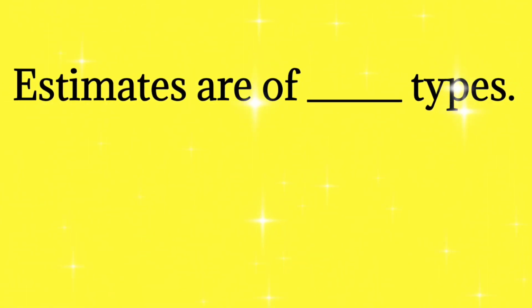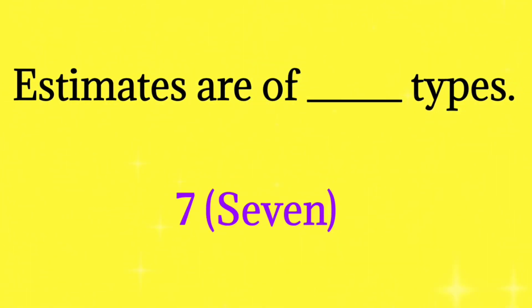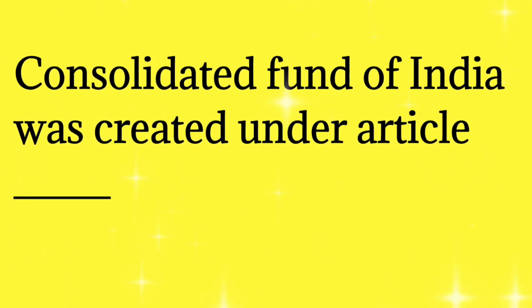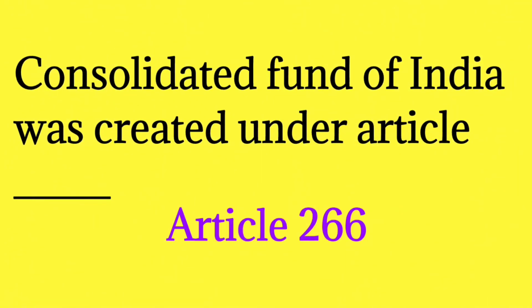Estimates are of dash types. Estimates are of 7 types. Tenders 3, estimates 7. Consolidated Fund of India was created under Article dash. It is created under Article 266.